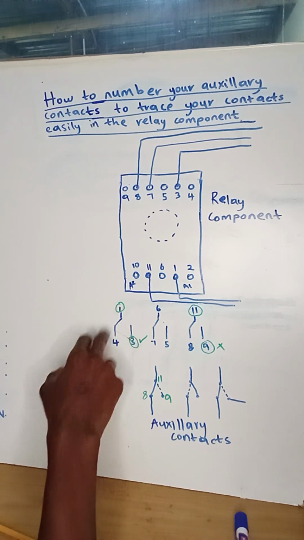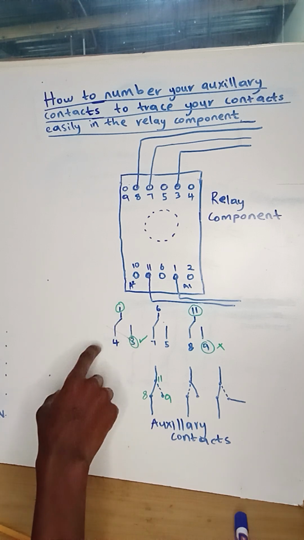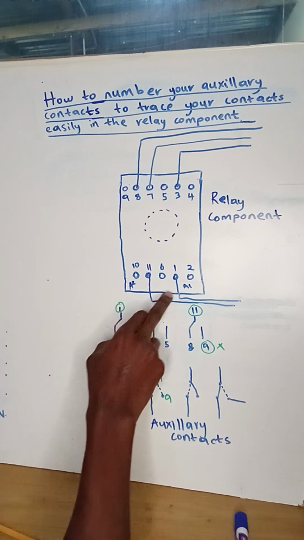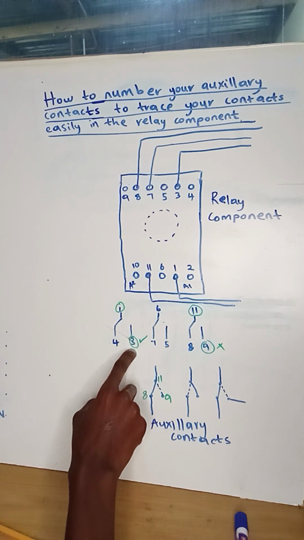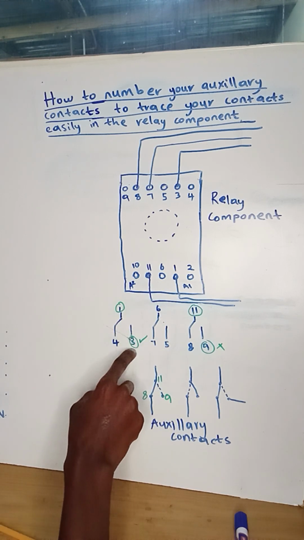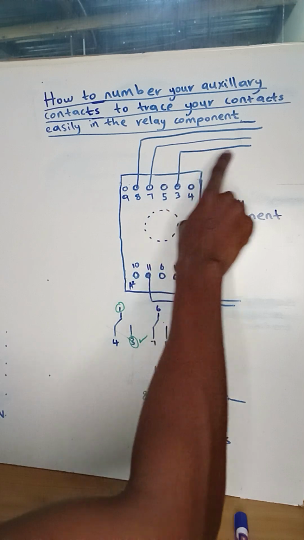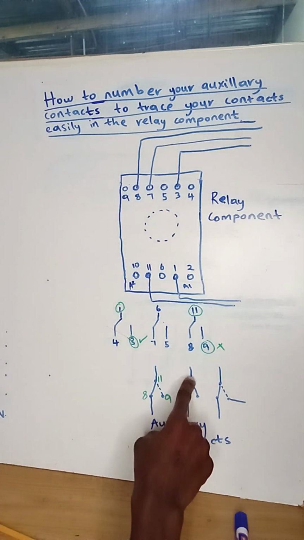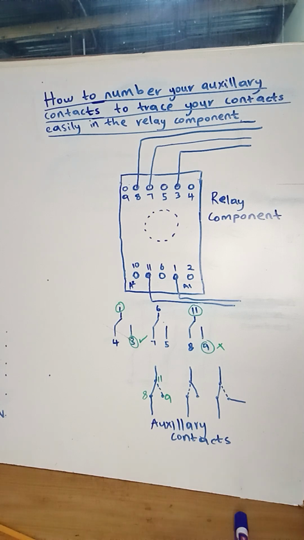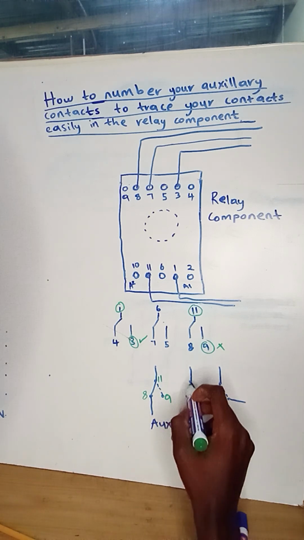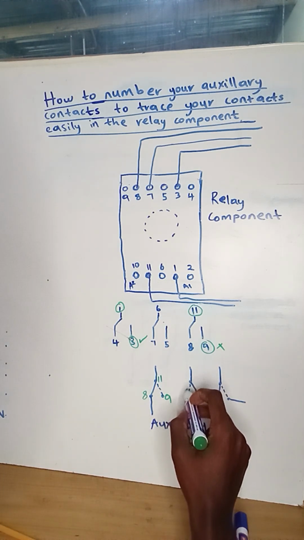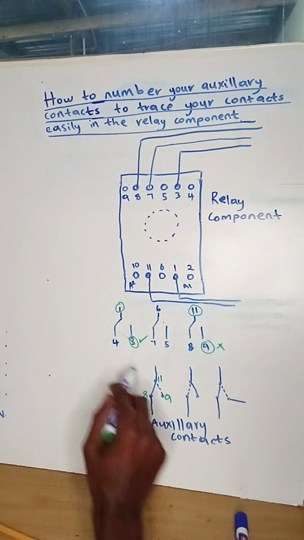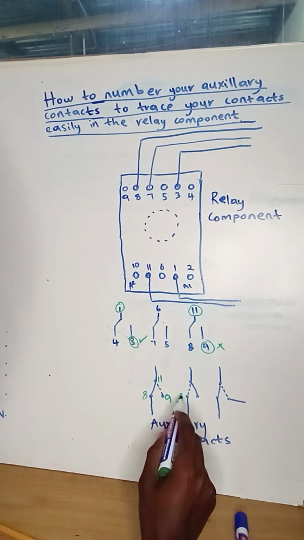So why do I use this auxiliary contact? I use it because the common is connected, and also the open contact number 3 is connected. So from this sketch, the way you'll number it, this is the open contact from the dotted lines, and the open contact is number 3, which means I'll put 3 here.